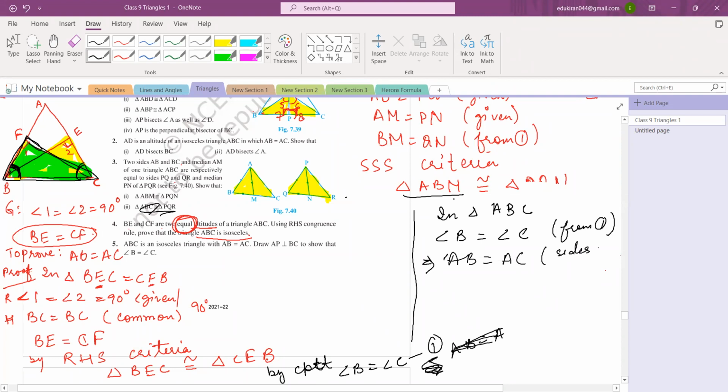Sides opposite to equal angles are equal. Please write the theorem properly, I'm just writing it in short. So AB is equal to AC and therefore triangle ABC is an isosceles triangle. So this we were asked to prove.